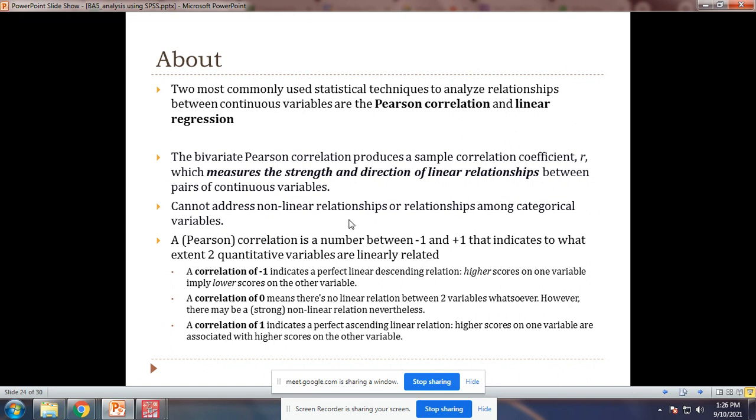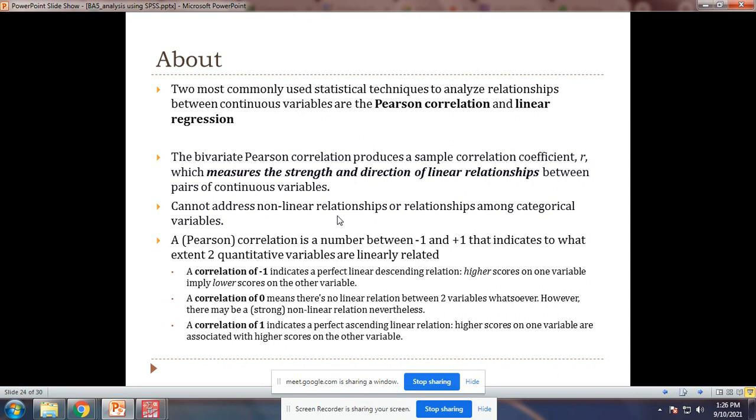Now, this correlation cannot be used for non-linear relationship. If the relationship between the variables x and y, the independent variable and the dependent variable, is not linear, then correlation cannot be performed.